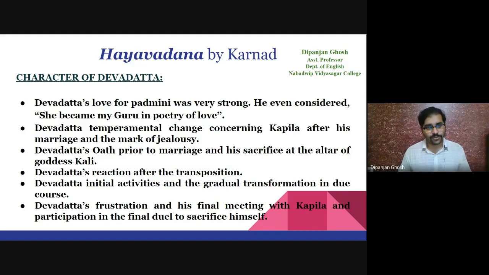With the gradual progress or movement of the play, we find that a gradual transformation has happened in due course. What kind of transformation? At one moment, Devadatta says that we are Brahmins, so it is not possible for us to be engaged in all these physical activities continuously in future.